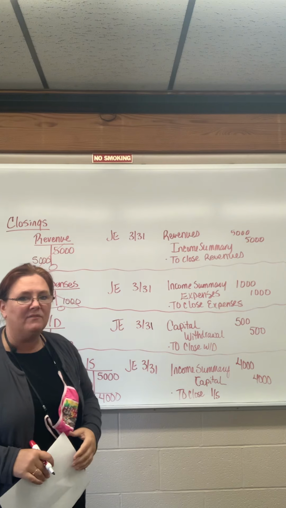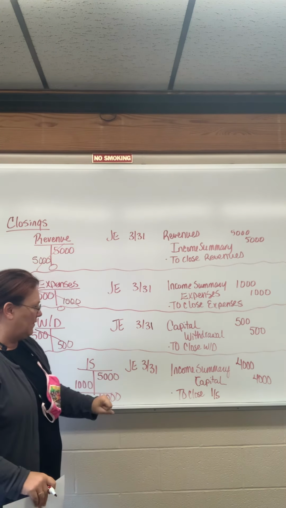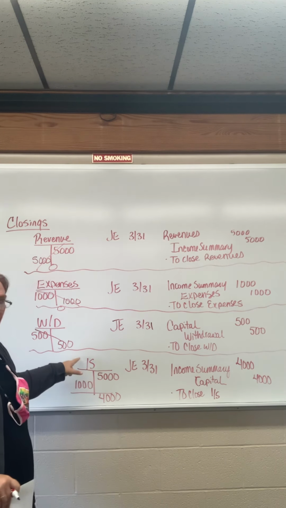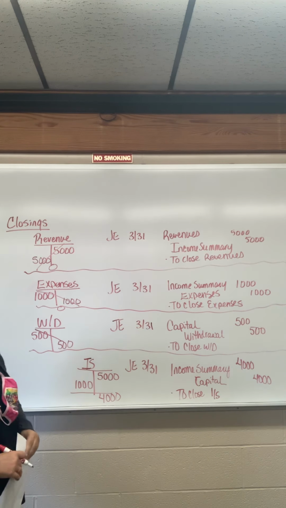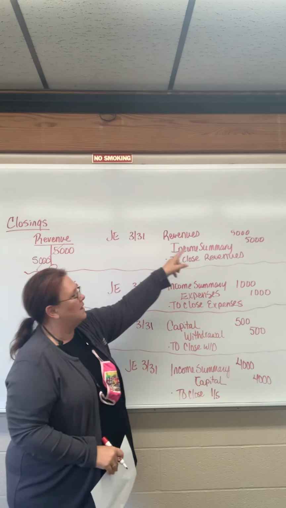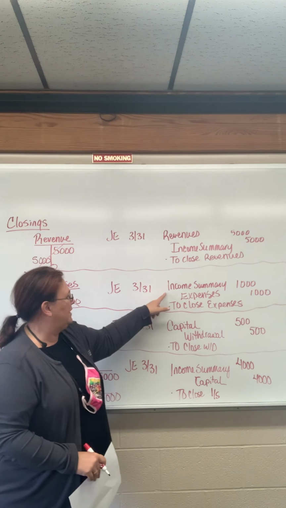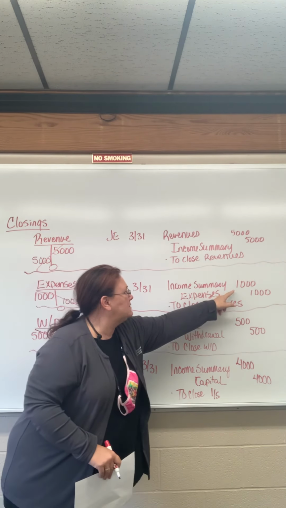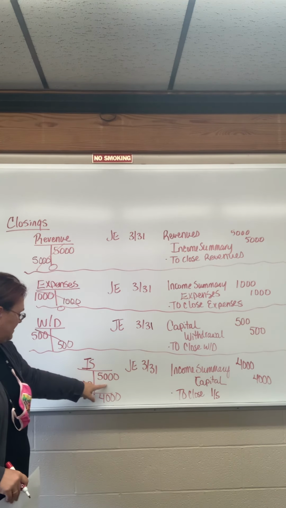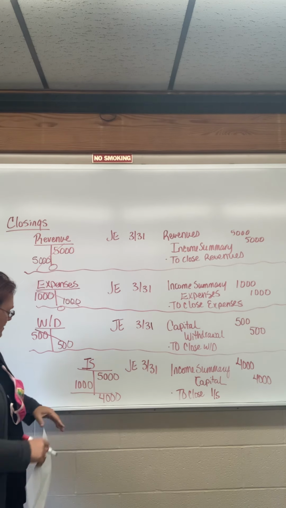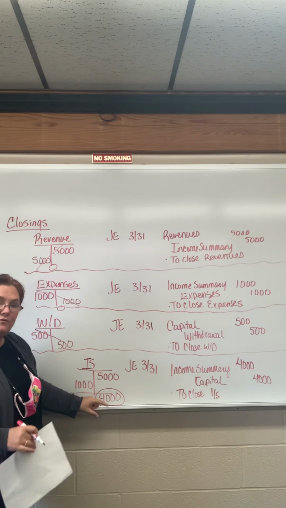Now we have that conundrum of figuring out what our balance in the income summary is. Here I've created a super temporary account called income summary. Up here, in income summary, I credited $5,000, and in this journal entry, in income summary, I debited $1,000. So $5,000 minus $1,000 gives us a credit balance in this account of $4,000.